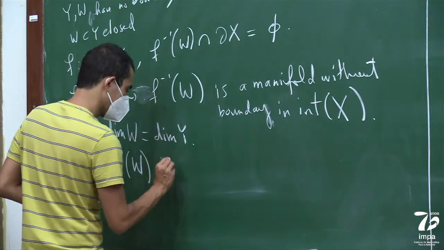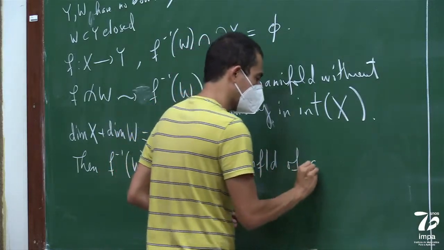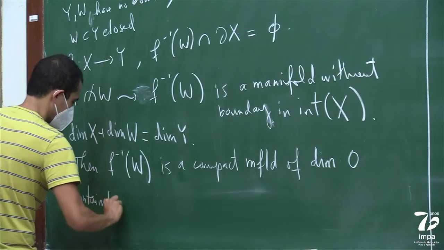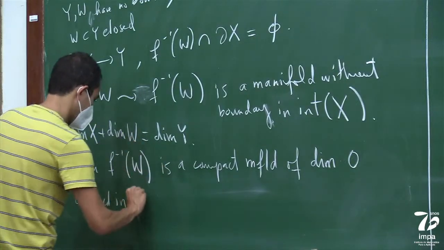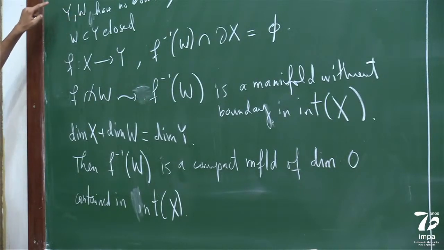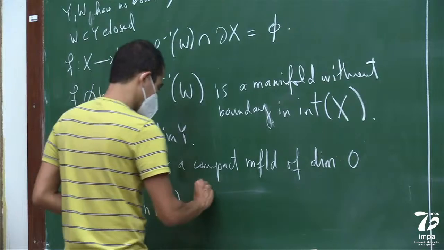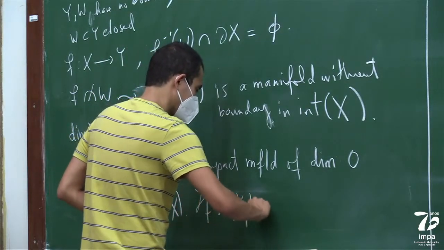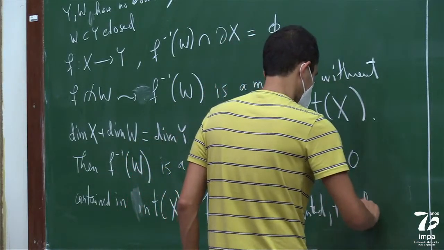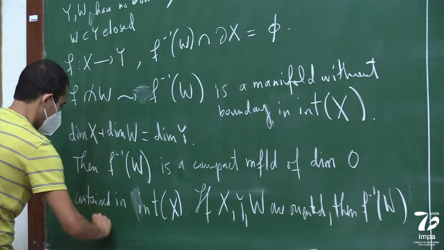So this is a compact manifold of dimension 0 contained in the interior of X. And moreover, if everything is oriented, if X, Y, and W are oriented, then this guy will be oriented too, with the usual orientation that I explained last time, or maybe 2 classes ago.